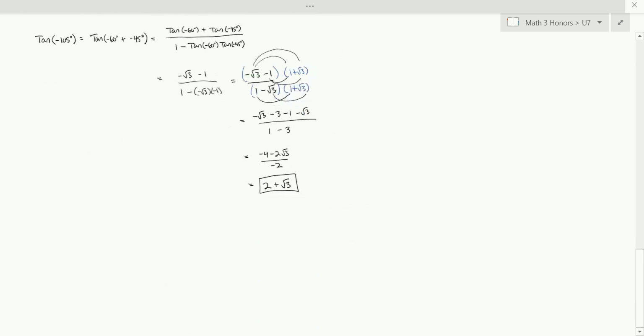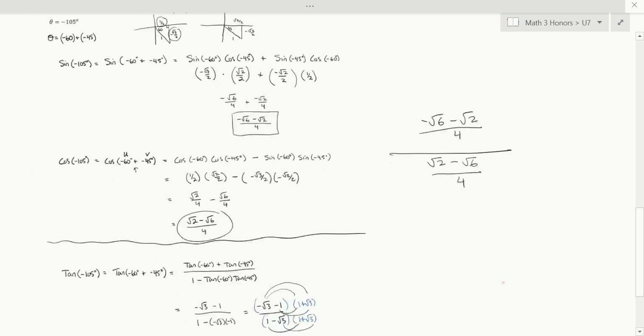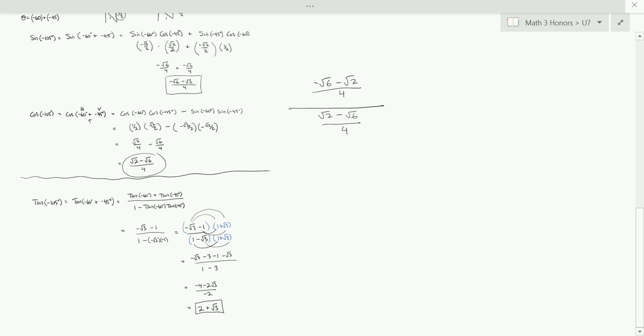My answer for sine was negative root 6 minus root 2 over 4. Divide that by my answer for cosine. And if I simplify that, I should get 2 plus root 3.